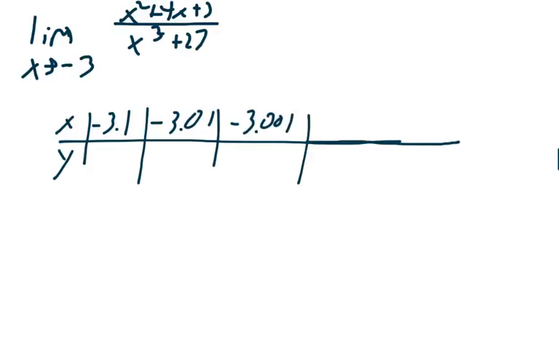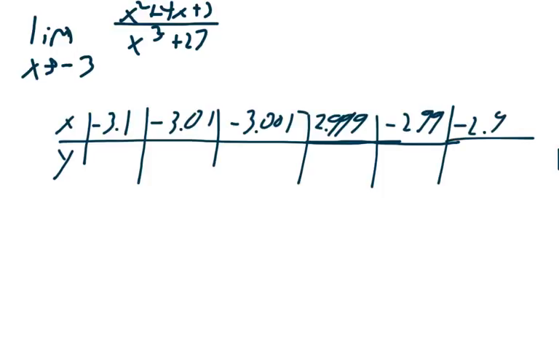So I use -3.1, -3.01, and -3.001, and -2.99 and -2.9 in order to figure out the answer. Of course, when I'm putting these numbers in, I make sure I put the numerator and the denominator in parentheses to give me what I need.